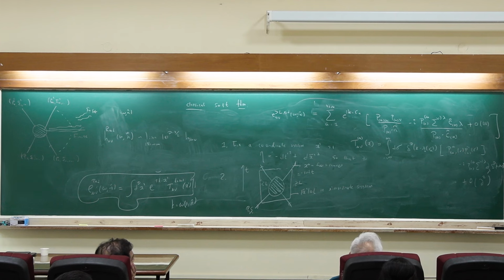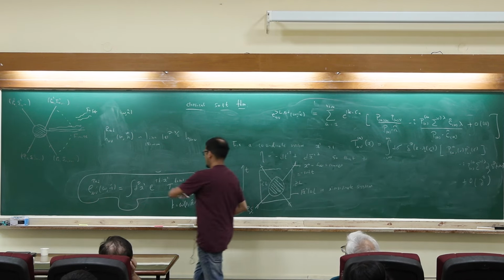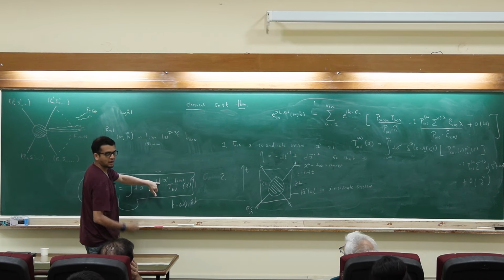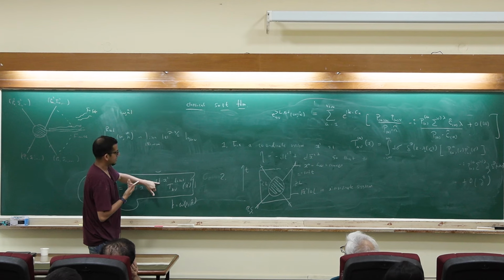So now you take this formula and you immediately notice that the first derivative will bring down one power of k. If you have two derivatives, it will bring down higher powers of k.